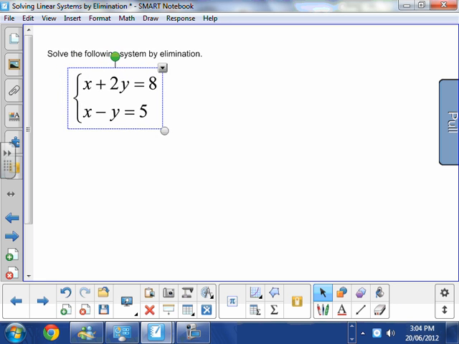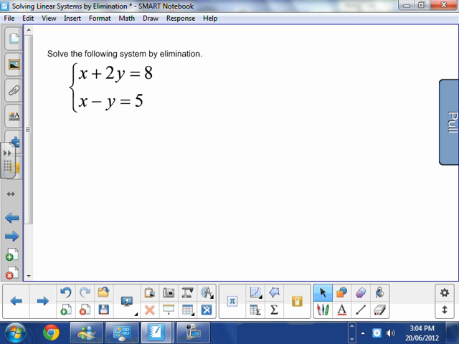Well, elimination means that you will eventually eliminate either the x or y variable, and it can be done by either addition or subtraction of two equations. So looking at this system, I think it will be the easiest to eliminate the x variable by subtraction.